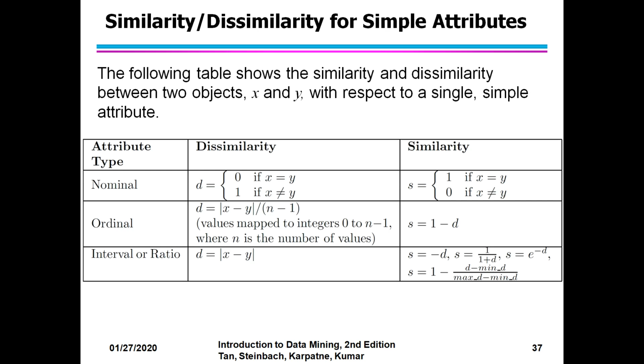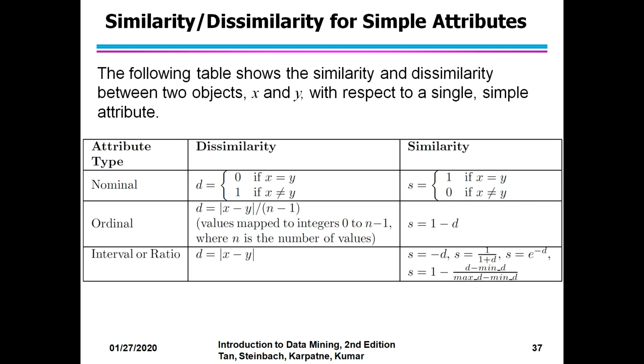For ordinal, d is equal to the absolute value of x minus y divided by n minus 1, with values mapped to the integers 0 to n minus 1, where n is the number of values. Similarity is just s is equal to 1 minus d.